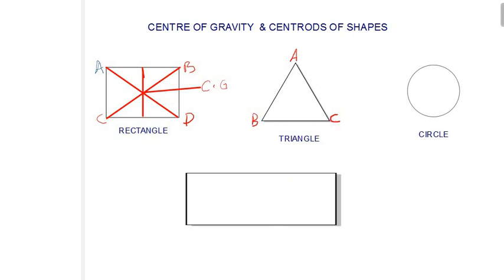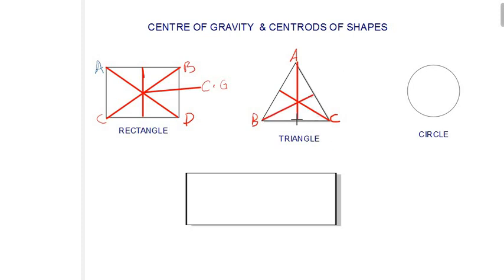For the second shape, which is the triangle, if we draw a line from A to the opposite side, let me repeat that again. We draw a line from A to this point, another from C to this point, and from B to this point.